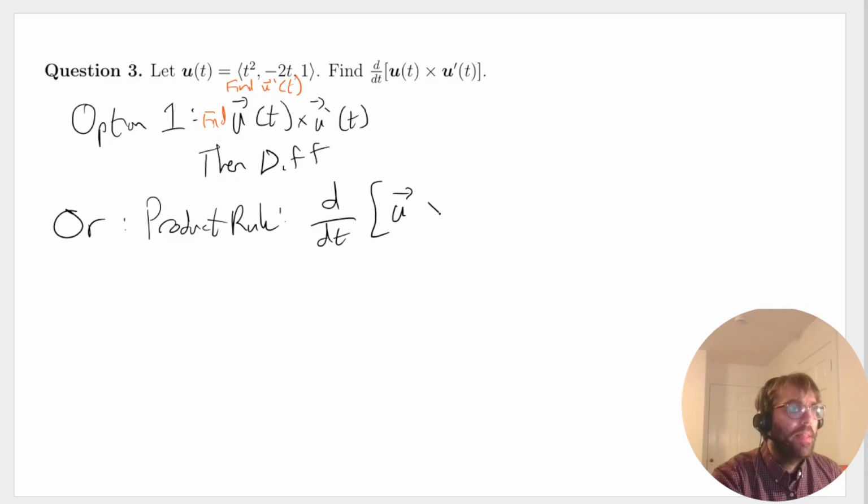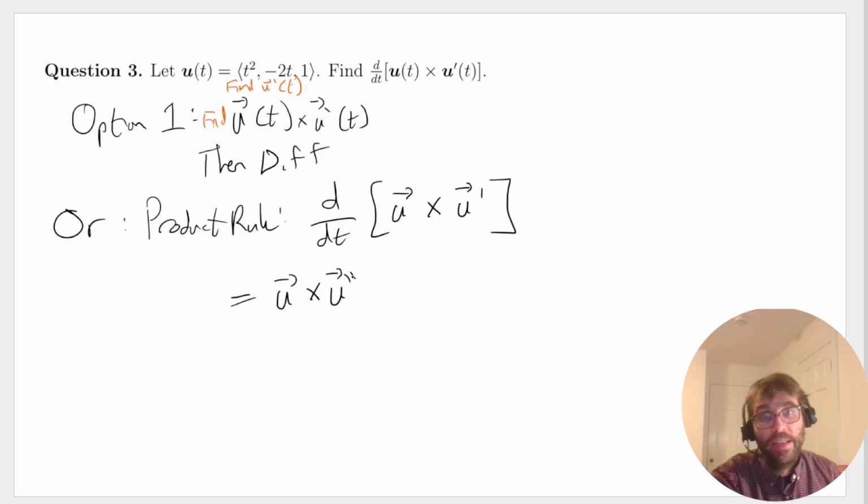I'm going to drop the of t's because we know everything is of t. It still works out fine. The product rule says, hey, we're going to take the first one times the derivative of the second. Now, when I say times, I mean the cross product. When I say the derivative of the second, I mean the derivative of u prime. That's u double prime. Plus the derivative of the first cross the second.